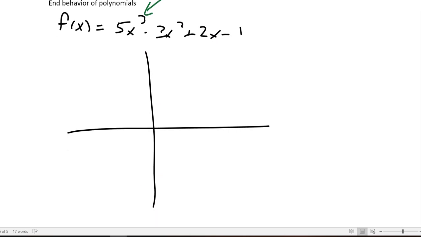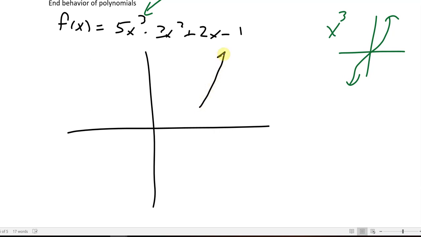I don't know exactly what happens in the middle, but I do know x to the third, that graph looks like this. So on the outside edges, the same thing happens to this graph. So the end behavior, I know goes up on this end, and I know it goes down on this end because this part is greater than 0, and it's a cubic.